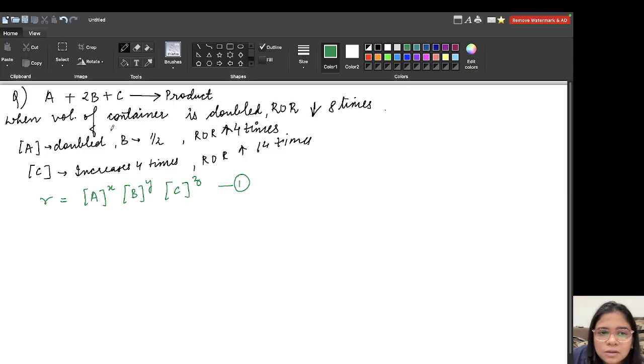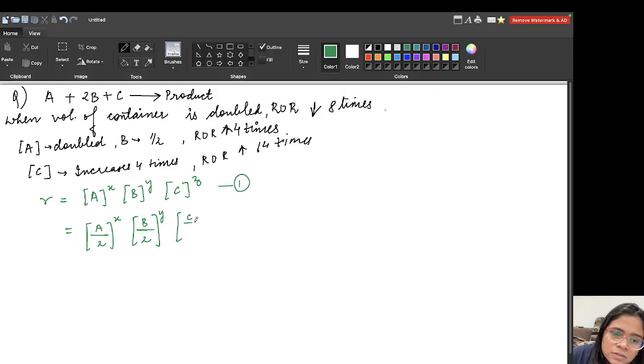Second equation, volume of container is doubled, so it means the concentration is halved. A by 2 raised to the power X, B by 2 raised to the power Y, C by 2 raised to the power Z. The rate is decreasing, so you are getting R by 8. Third time what is happening? Let it be R dash.